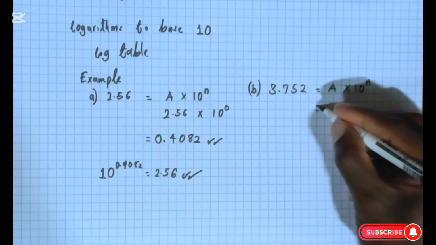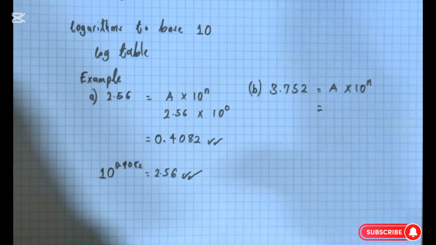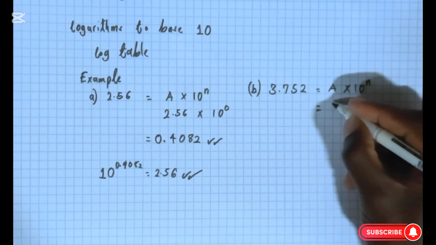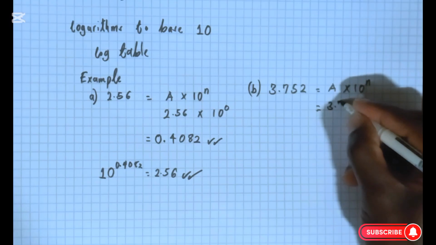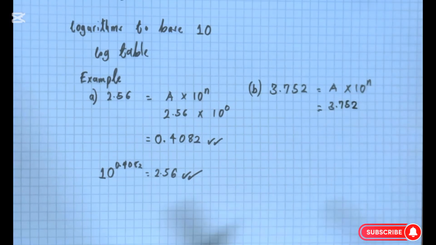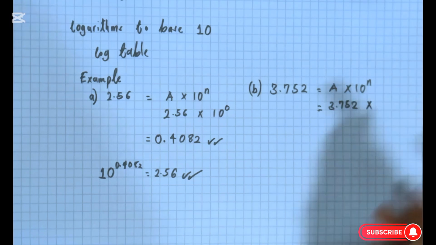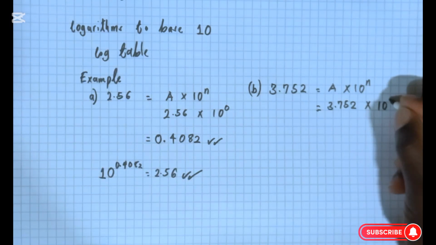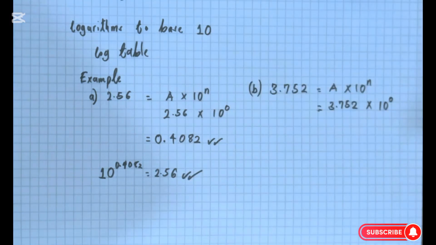Because the number is already between 1 and 10, where 10 is not included, we are going to have it as 3.752 without changing the value of the number by moving the decimal point, times, and since we did not move the decimal point neither to the left or right, we're going to have 10 raised to 0. Remember, any number raised to 0 is always the same as 1.